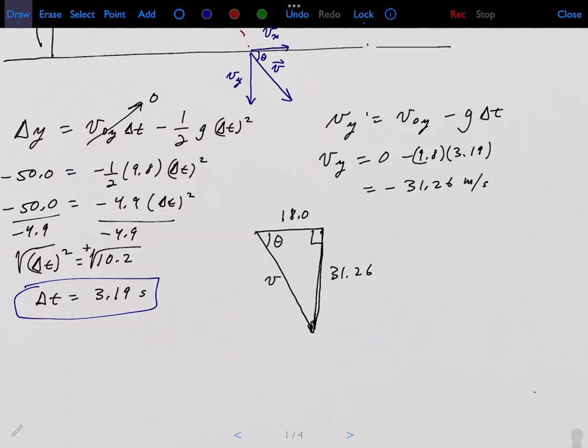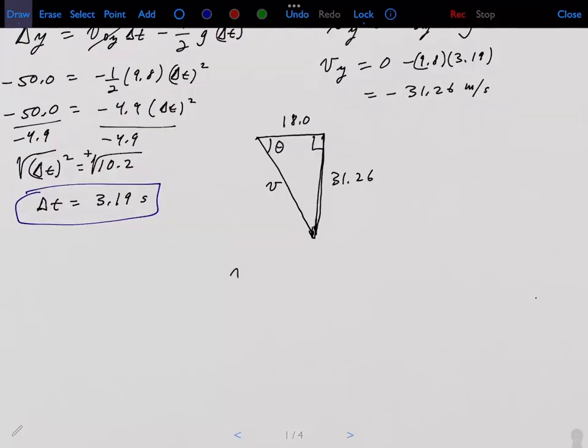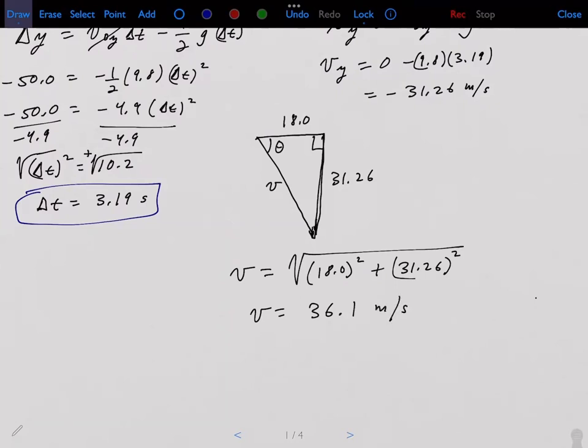Well, to figure out V, I can use Pythagorean theorem. So V is simply going to be the square root of the x component squared plus the y component squared. And if you work that out, that turns out to be 36.1 meters per second. Okay, so that's the magnitude of velocity right before the stone hits. And in what direction is it traveling?